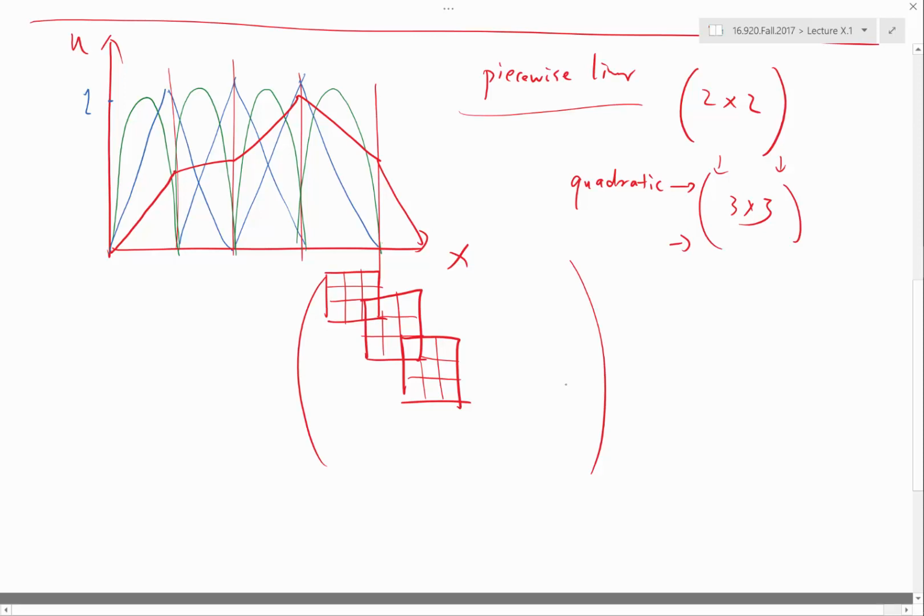Backslash would be perfect because MATLAB is going to look at it, find it's a banded matrix, and say no problem, I will use LU decomposition. Because LU decomposition is not going to fill here and here, right? It'll fill these kinds of zero entries, but not the majority of the zeros.